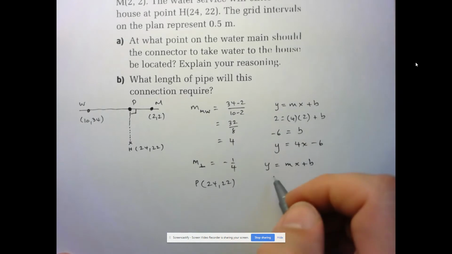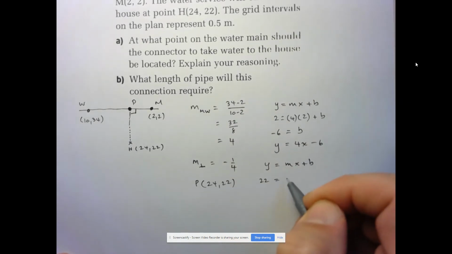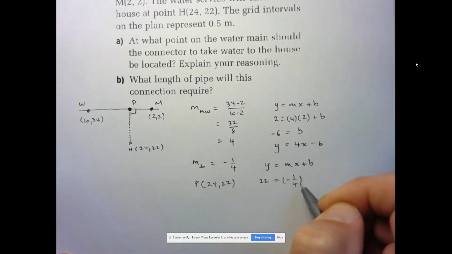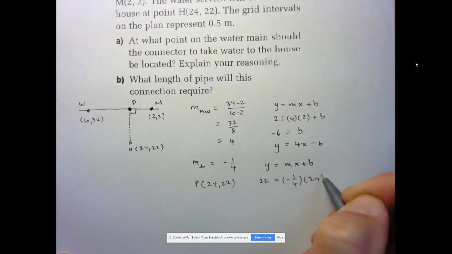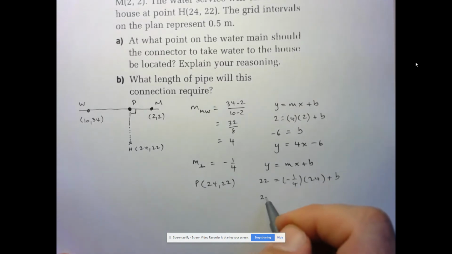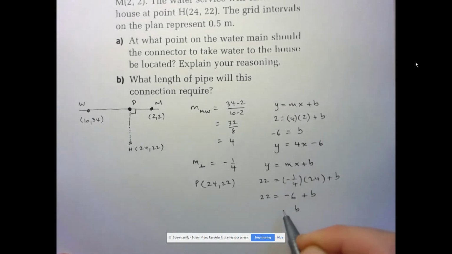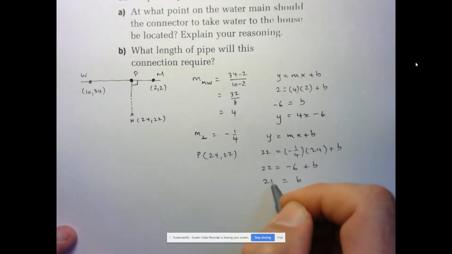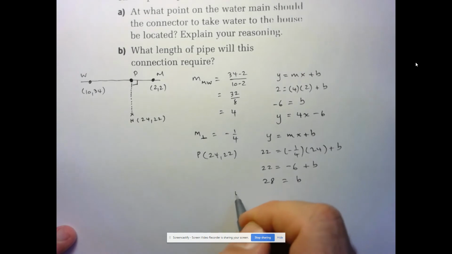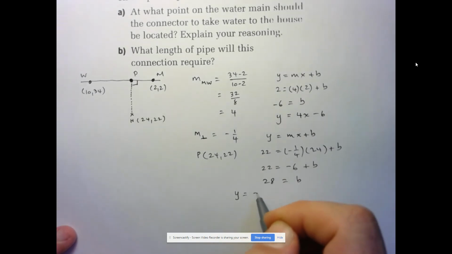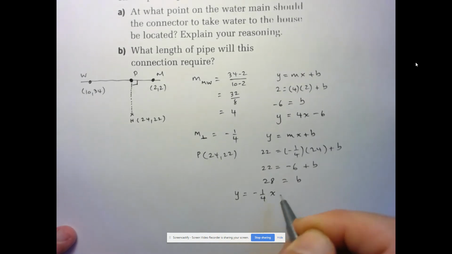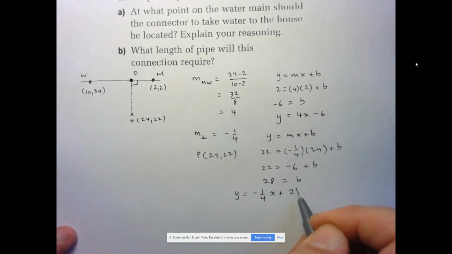So here, when y is equal to 22, m is equal to negative a quarter, and x is equal to 24, we have 22 = 24 times negative a quarter, which is negative 6, plus b. So b is equal to 22 plus 6, which is 28. So our second equation is y = -1/4 x + 28.